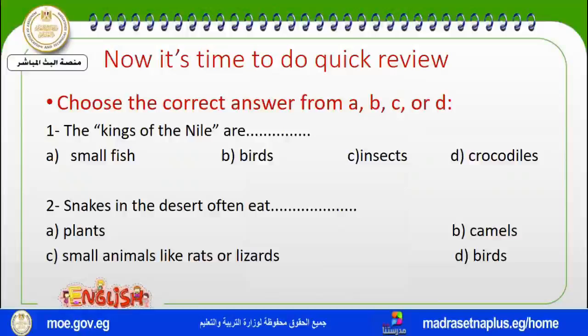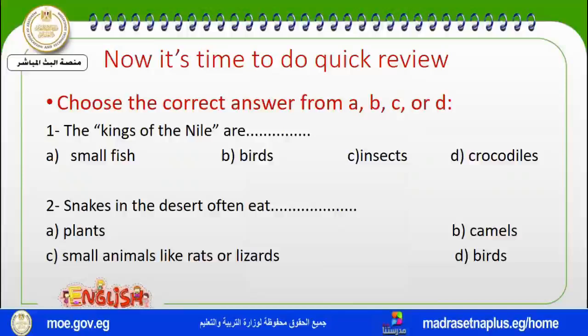The sentence says, the kings of the Nile are: small fish, birds, insects, crocodiles. Which one of these is the kings of the Nile?